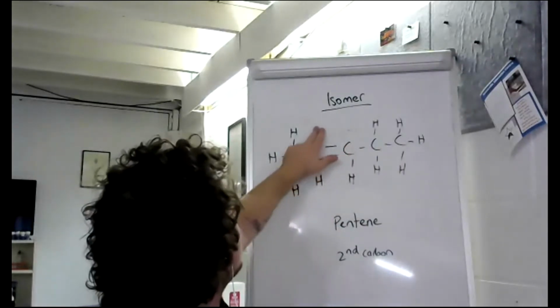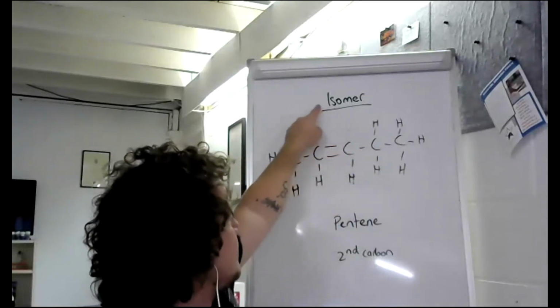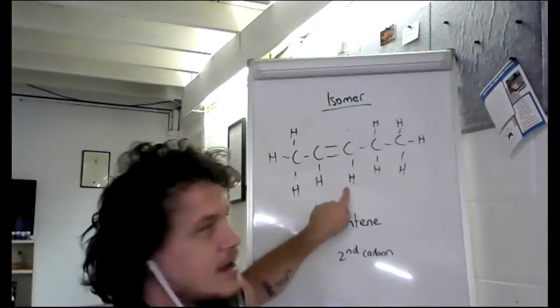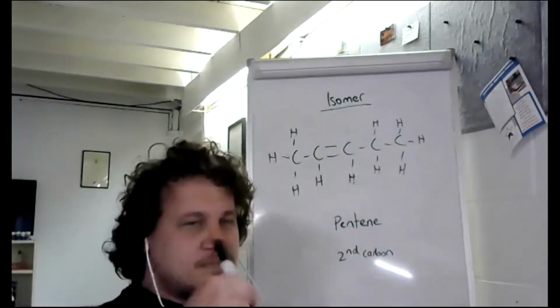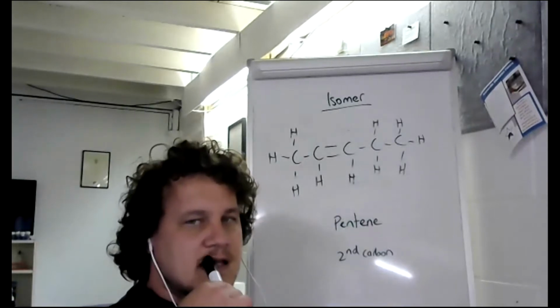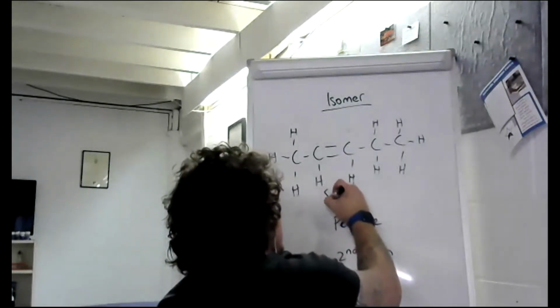We then have our isomer. Now you have to look at the hydrogens here. Are they on the same side or different side? So they're both on the same side.